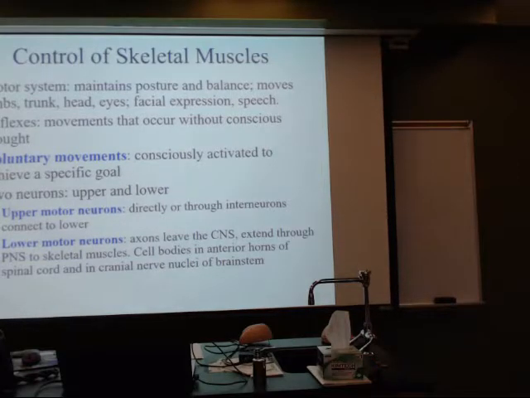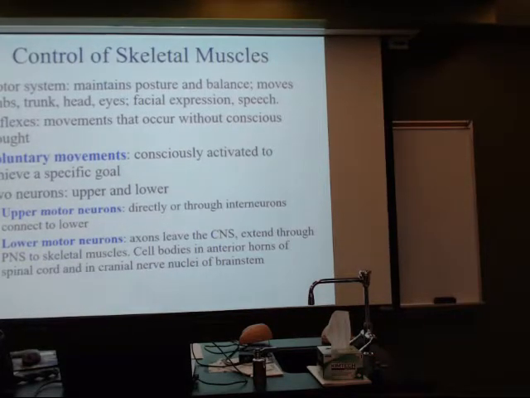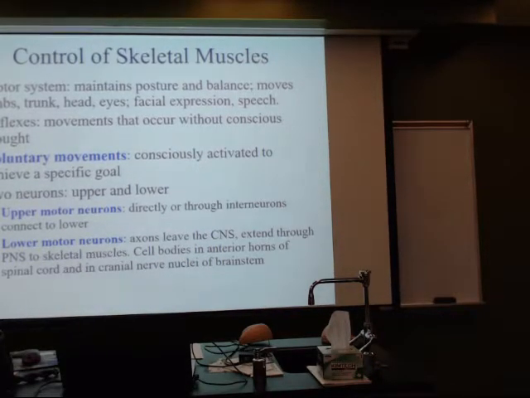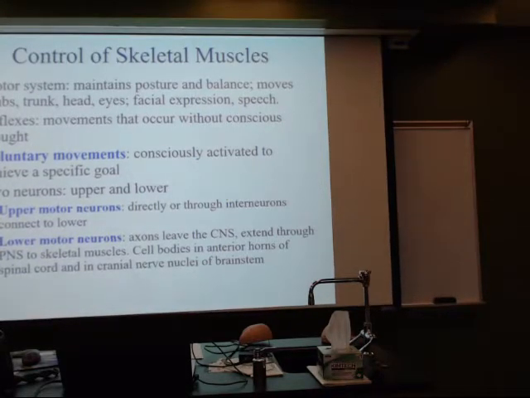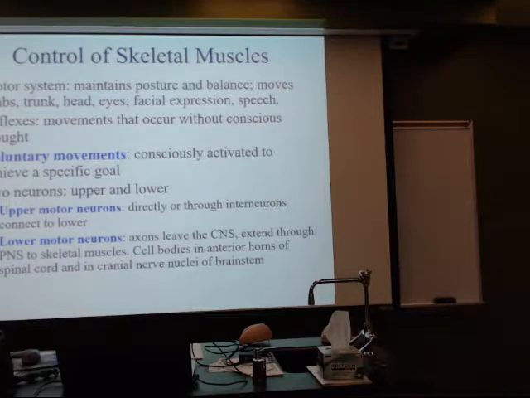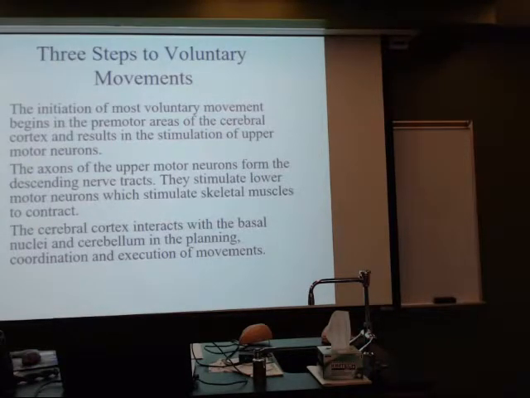It's controlled by the upper and the lower, because information goes in, it synapses, goes up the spinal cord, goes to the brain, we get a response which comes down and goes out to the effector. And for this case, that would be a skeletal muscle.